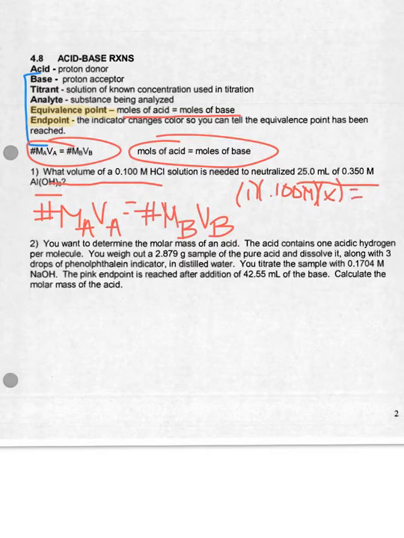Let's go to the next thing. The number here represents the number of hydroxides in the base chemical formula. It's right here, aluminum hydroxide, OH represents the base, and there are 3 of them.